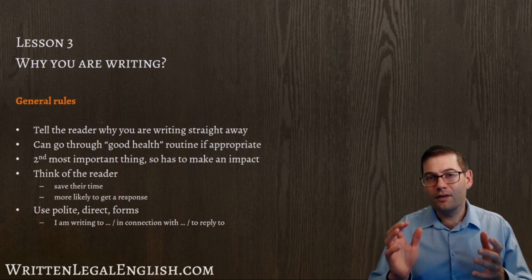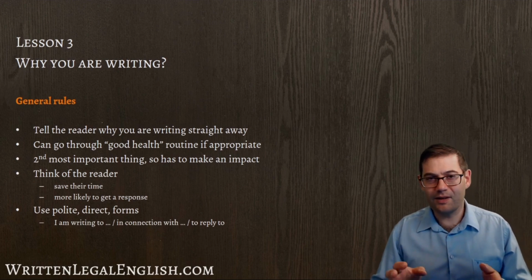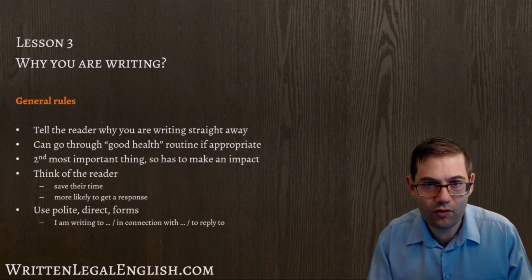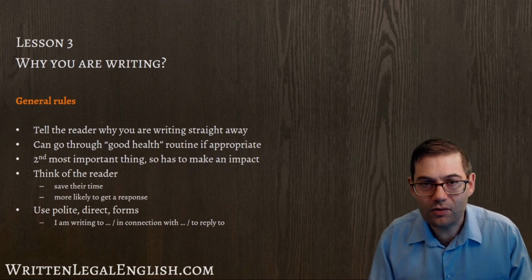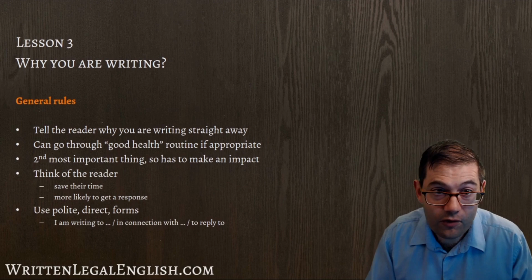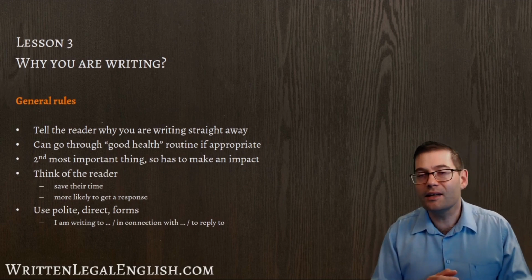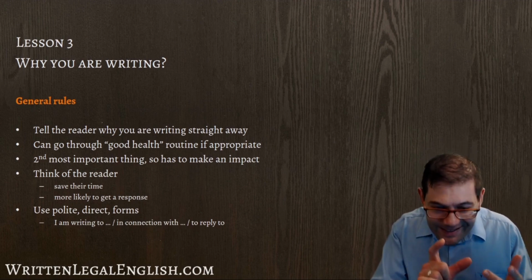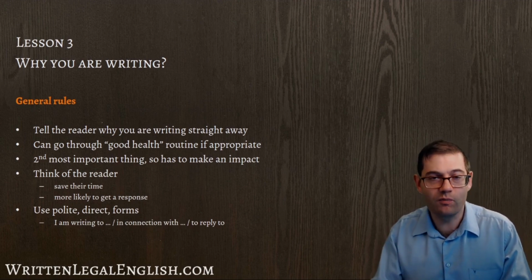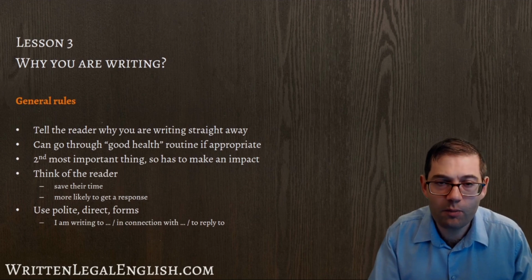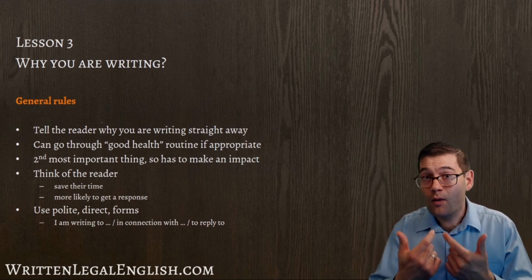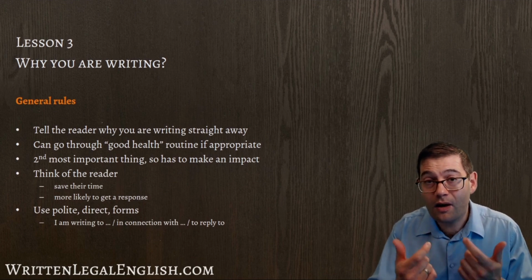Although the general rules are quite simple, if you have a look at those polite direct forms, I am writing to, this is just a continuous form, or I am writing in connection with plus a noun, whatever that might be. These are simple language forms. You don't have to overcomplicate it. And the purpose of that is to explain why you are writing.